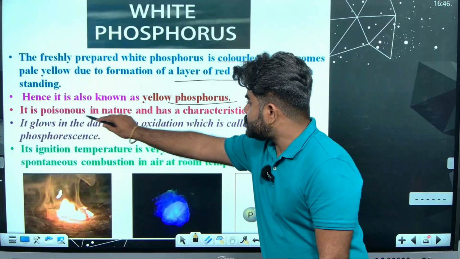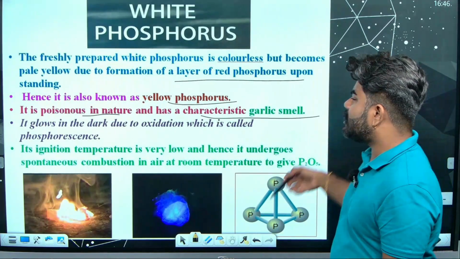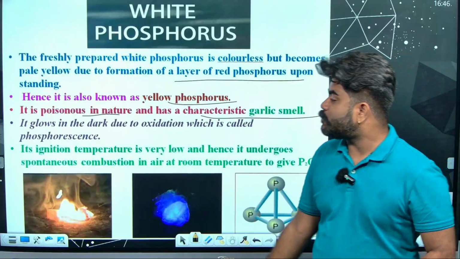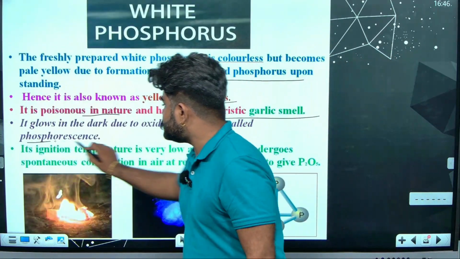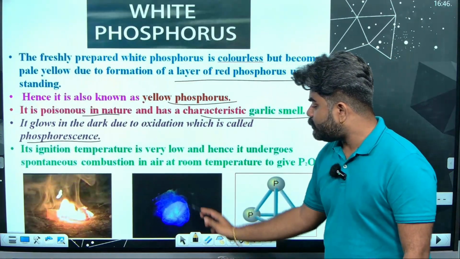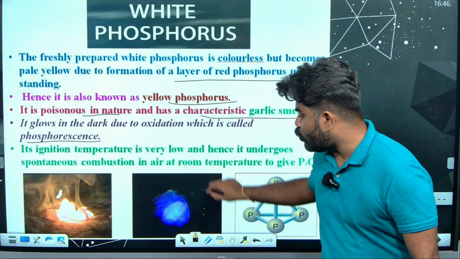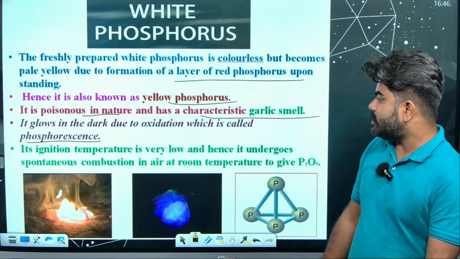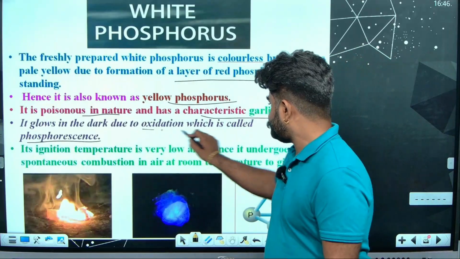It is of course poisonous and it has a garlic smell, and it has a very important property known as phosphorescence. Phosphorescence அப்படின்னா அந்த white phosphorus டார்க்ல வச்சோம்னா அது இந்த மாதிரி glow ஆகும். That is called phosphorescence. It is due to the oxidation.